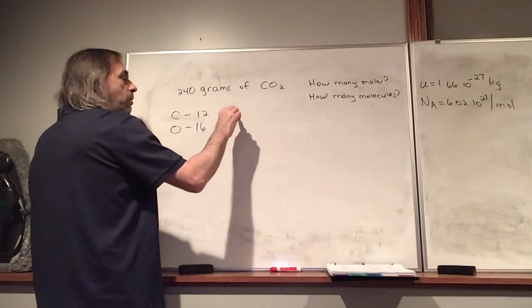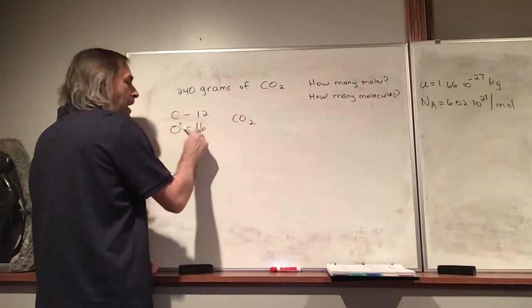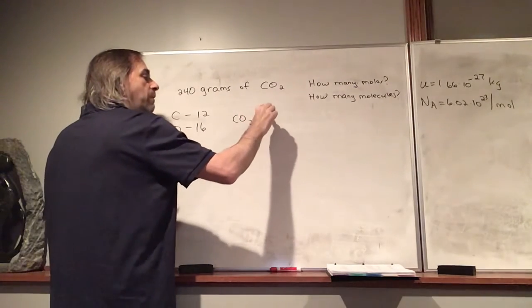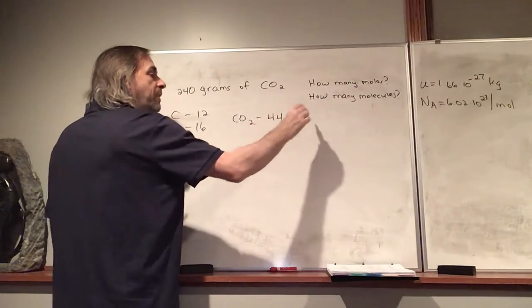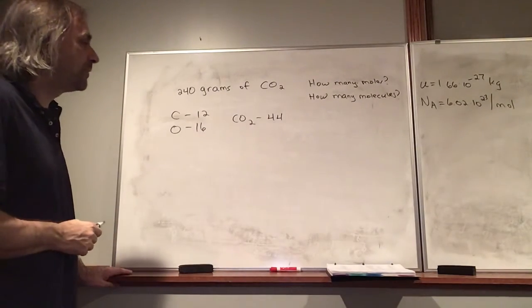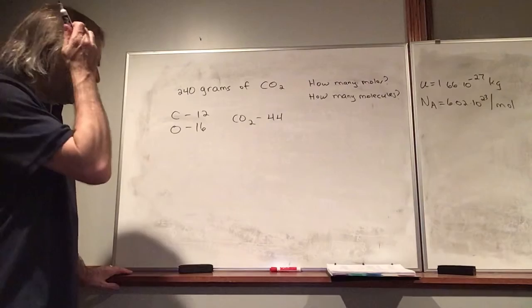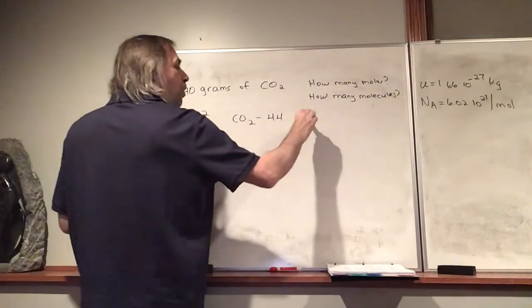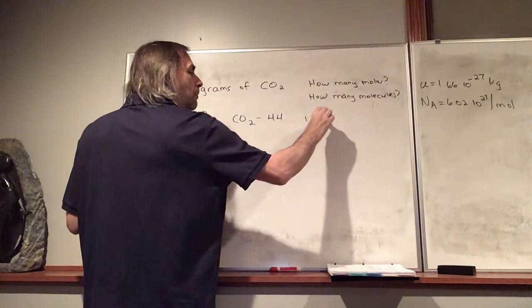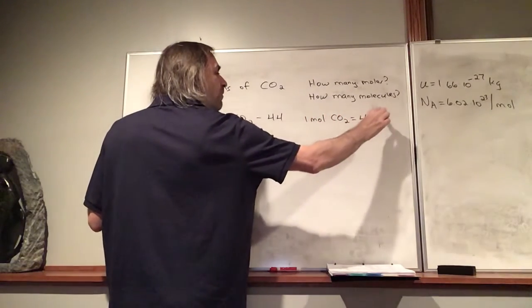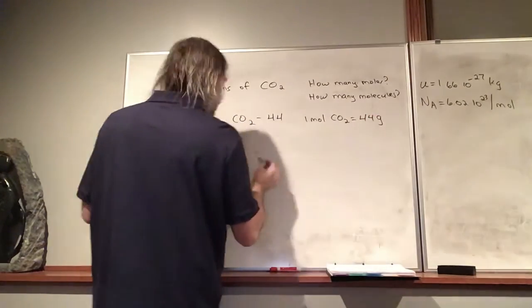So CO2, we'd have 2 oxygen, that's 32, plus 1 carbon, which is 12, so that'd be 44. So we know 1 mole of carbon dioxide has a mass of 44 grams. So 1 mole of CO2 equals 44 grams.